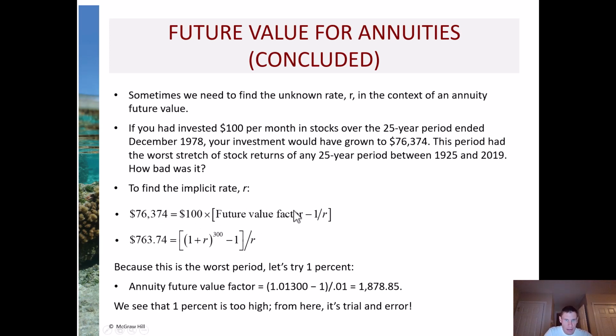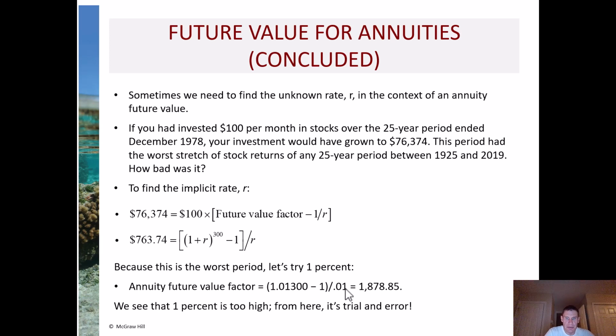So 76,374 is equal to the $100 they invested per month multiplied by some factor. We took the 763.74 and got our formula: 1 plus R to the power of 300, minus 1, over R. So the annuity future value factor ends up being 1.01 to the 300, minus the 1 per the formula, and then dividing by 0.01, the interest rate again.